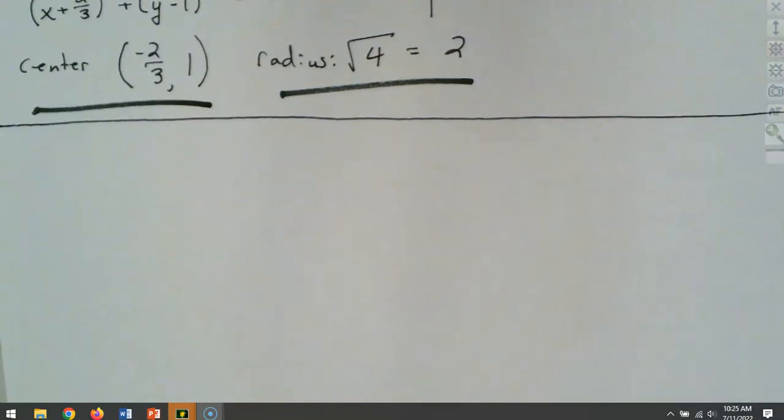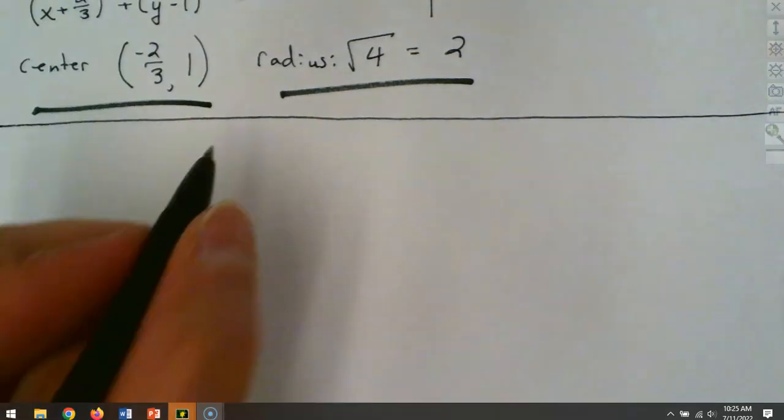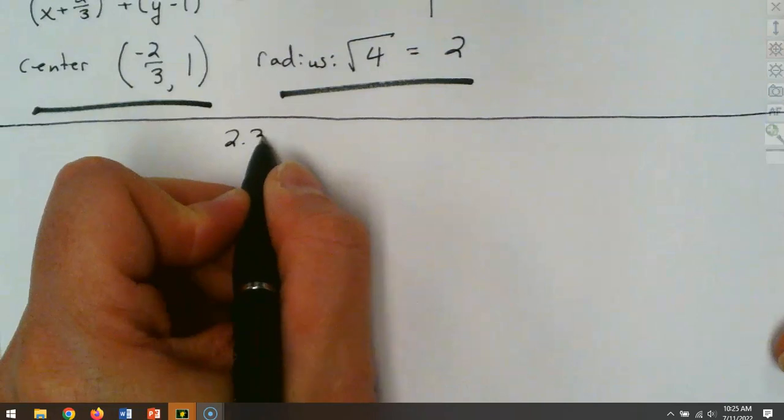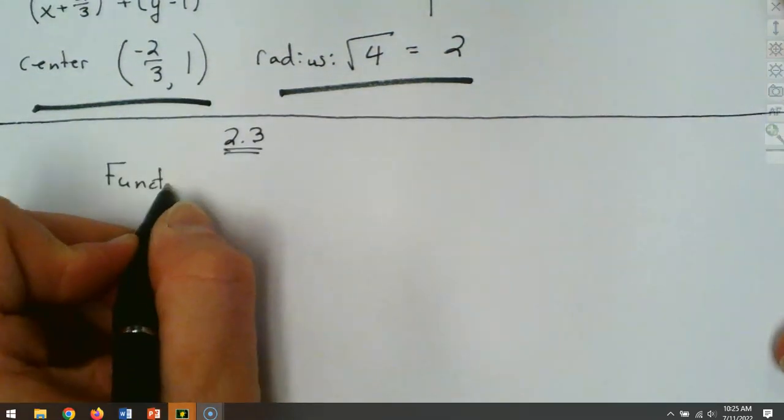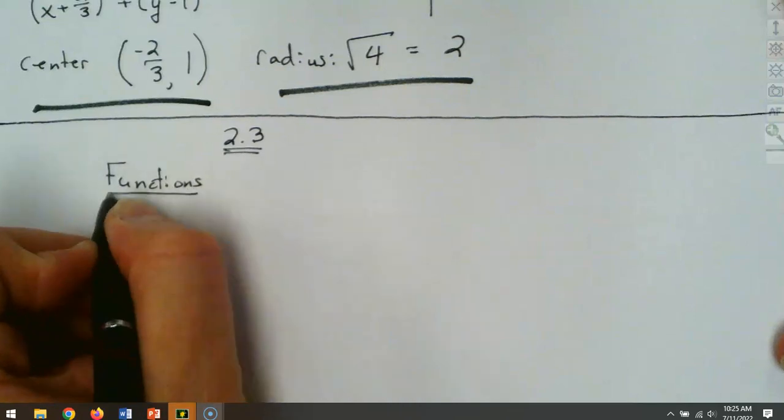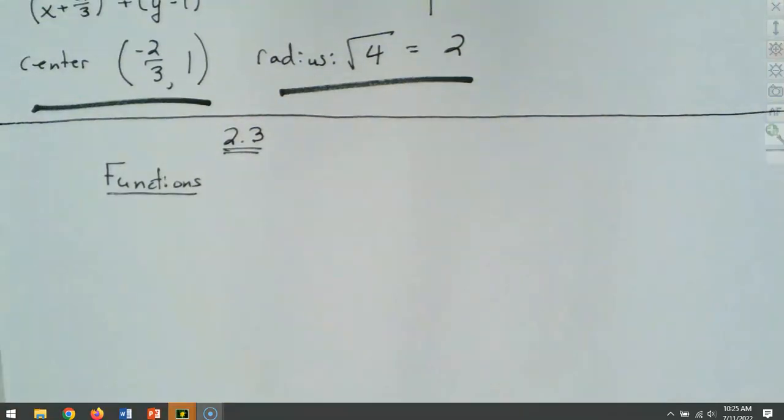2, 3 is functions. So 2, 3 is going to be functions. And there's very, very little to 2, 3 to really look at.